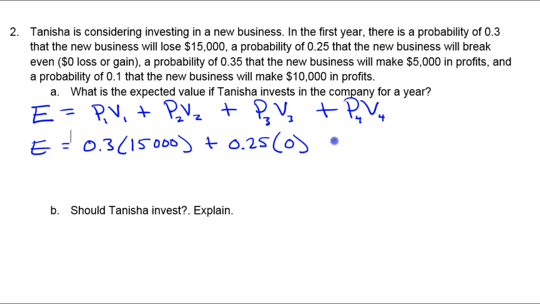So that'll be times 0. The third probability is a 35% probability that the new business will make $5,000. And the fourth probability is the 10% chance of making $10,000.